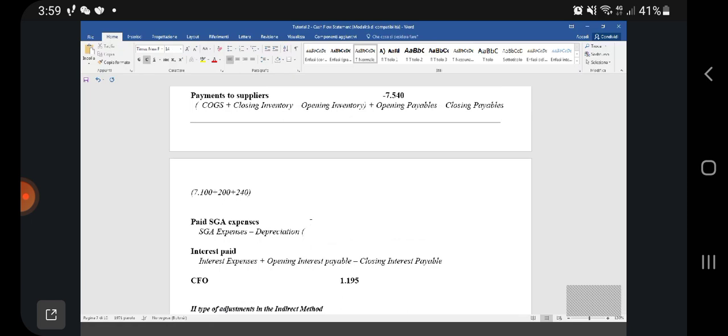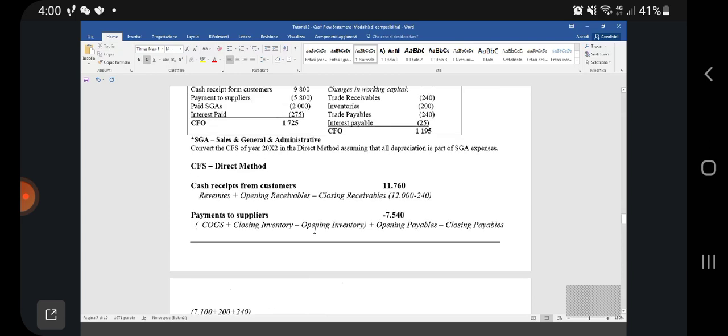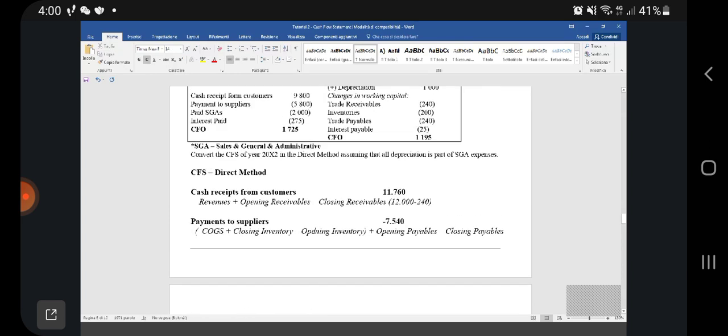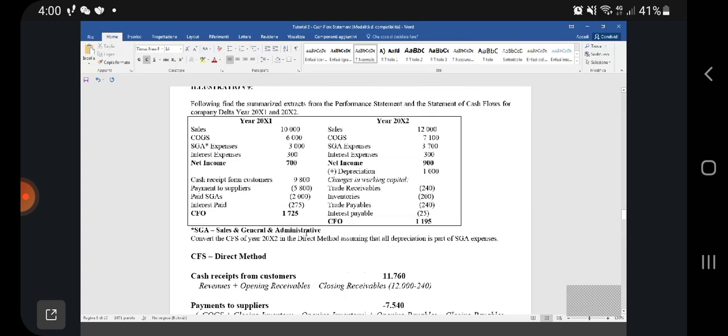The paid selling, general, and other expenses should be taken into consideration without the depreciation. So that means that this expenditure over here, 3,700, includes the depreciation of 1,000. How much did I pay? So again, the expenditure includes depreciation. How much did I pay?